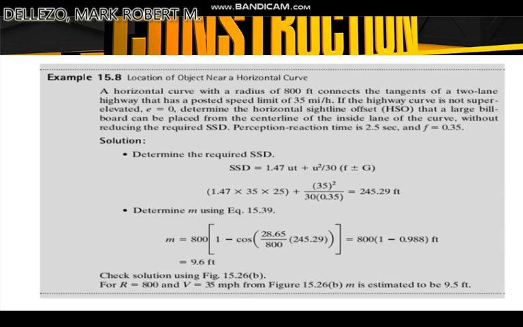Perception reaction time is 2.5 seconds and the f is 0.35. Then the solution: we can see the SSD is equal to 1.47 Ut plus U squared over 30 times f positive over negative G, then substitute.